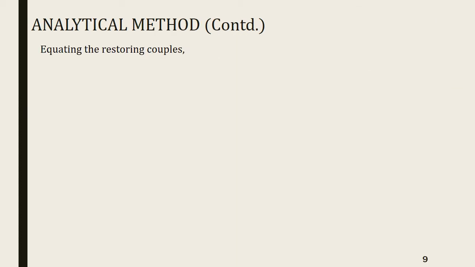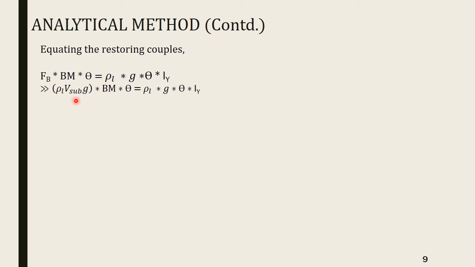So now we will equate the restoring couples, that is equations 1 and 2. FB into BM into theta is equal to rho liquid into G into theta into Iy. Now FB is the buoyant force, so we can replace it with the formula for buoyant force: rho liquid into volume of the submerged portion into G, that is the weight of the submerged portion of the boat.